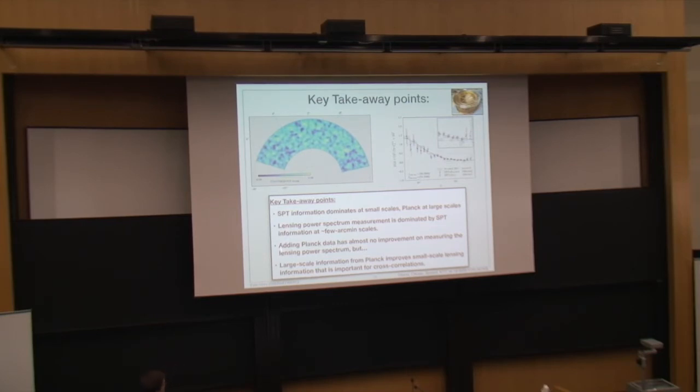So you might say, okay, well, why did you even go through all this effort? But this large-scale information from Planck, in this quadratic estimator, you're looking at the correlation between modes. So if you fill in these large wavelength modes, it really helps out at the small angular scales of the power spectrum, which is particularly important for cross correlations.